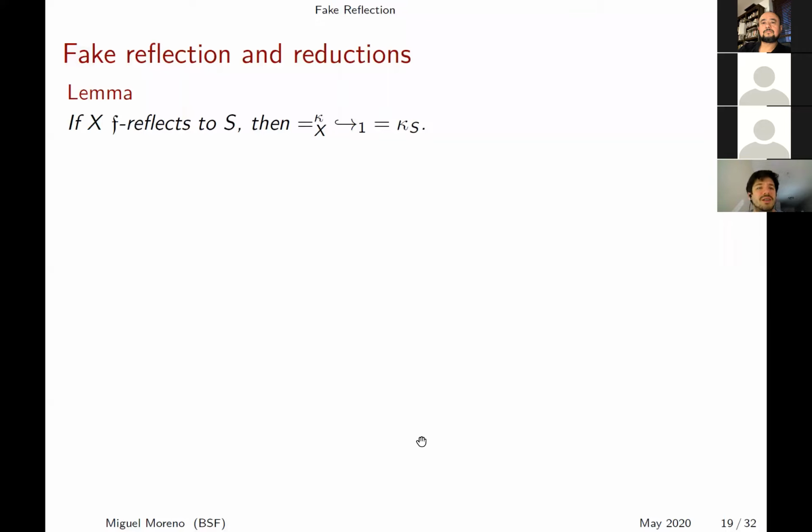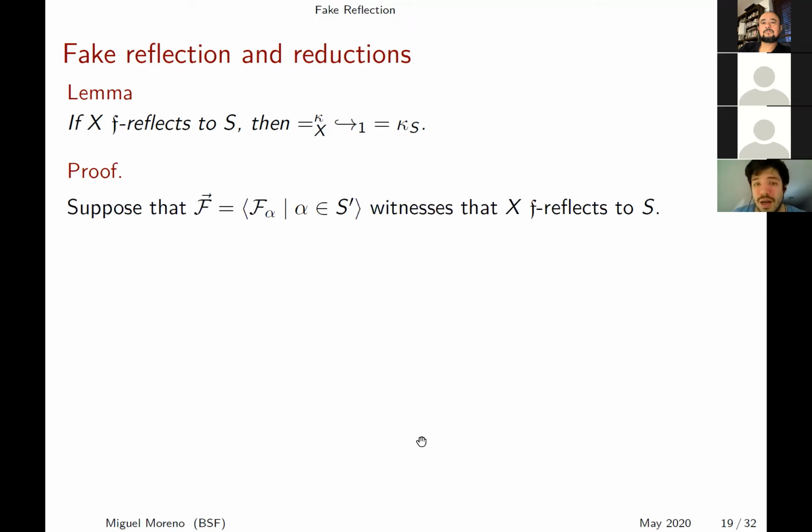So if X filter reflects to S, then the equivalence modulo X is Lipschitz reducible to the equivalence modulo S in the Baire space. That's why it says kappa S. It should be S super kappa. Okay. And the proof is very similar to the stationary reflection.